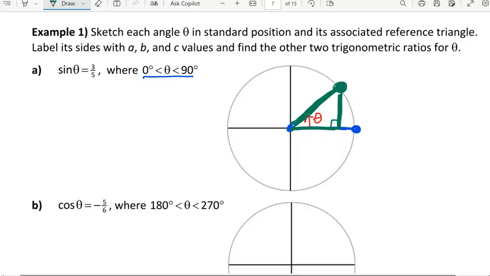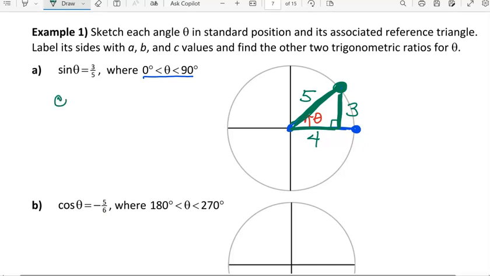So if we look at our picture, theta is that angle that has a vertex at the origin. Sine of theta is opposite over hypotenuse, so our opposite side can be 3, and our hypotenuse can be 5. That's a 3, 4, 5 triple, so that makes the missing adjacent side 4.